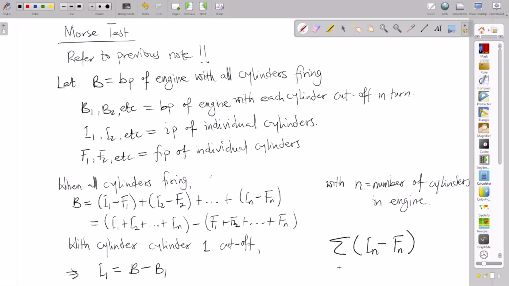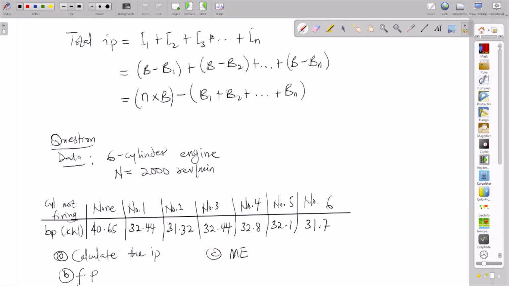It is the algebraic sum of it. And then we went on to look at the other ways that we can express the total indicated power, and then we looked at an example.